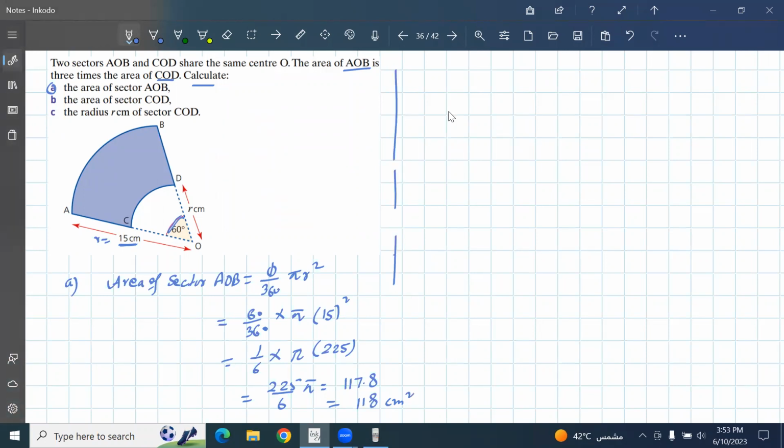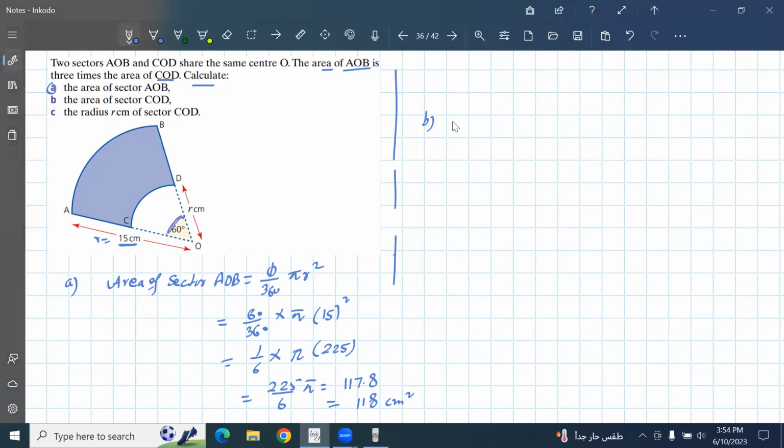In the second part, we find the area of COD. Read the question carefully. This is the small sector. The area of AOB, which is the bigger sector, is 3 times the area of COD.